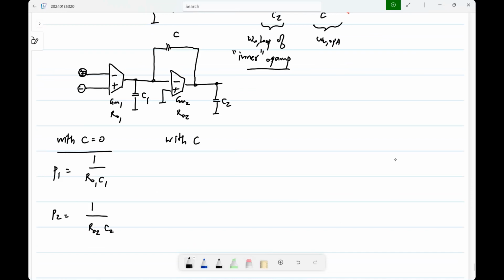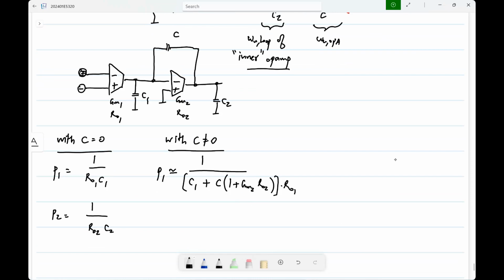Now, if you have a significant value of C, we know that the first pole is approximately at, what was it? The capacitance is C1 plus the Miller multiplied C times 1 plus GM2 RO2, and the resistance is still RO1.